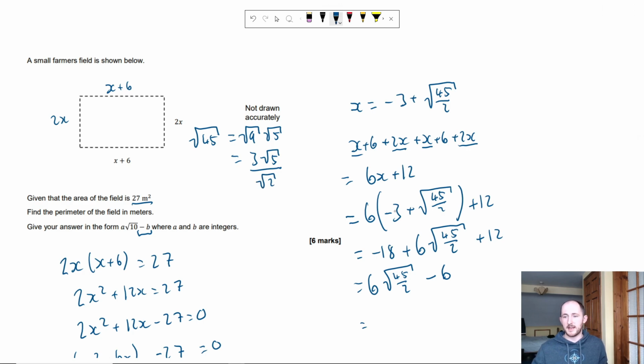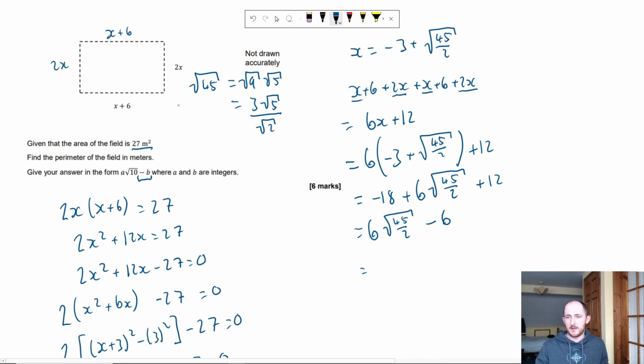And that's going to be times by 6. So if I times that by 6, that gives me 18 root 5 over root 2. Understand? So I have here 18 root 5 over root 2 minus 6.